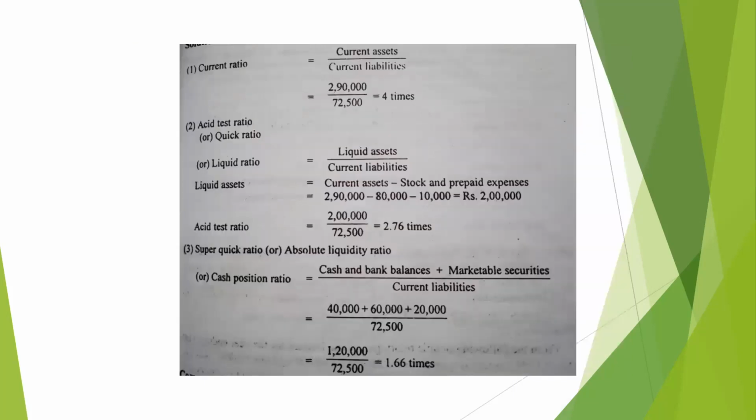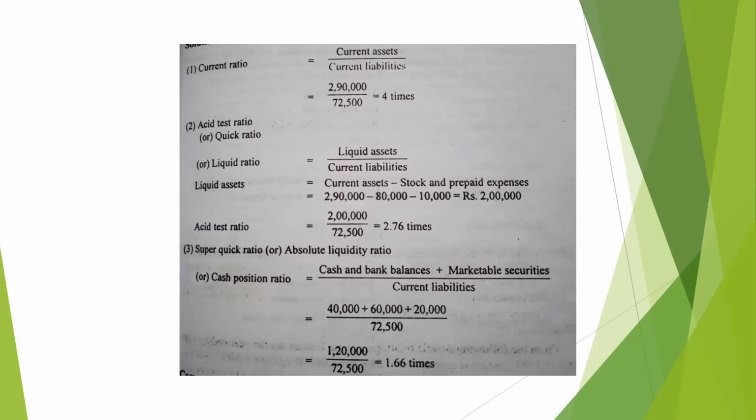So 2,90,000 minus 80,000 minus 10,000, that is stock and prepaid amount. Minus means the liquid asset value is rupees 2 lakh. So now 2 lakh divided by 72,500, that is acid test ratio is 2.76 times.